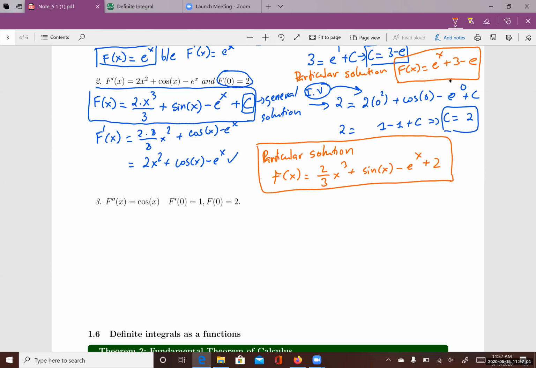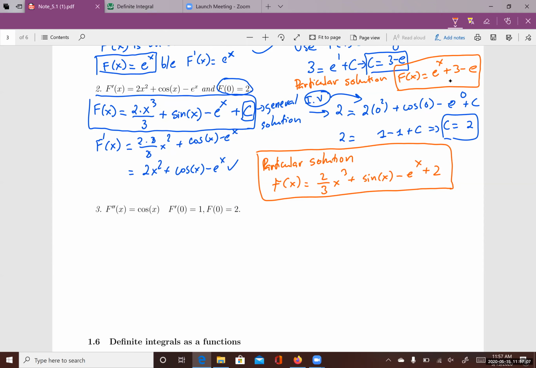Next example. This example involves the second derivative of a function, right? It's also a differential equation, but it has a second derivative involved. And it has two initial values, one for the first derivative and one for the original function.